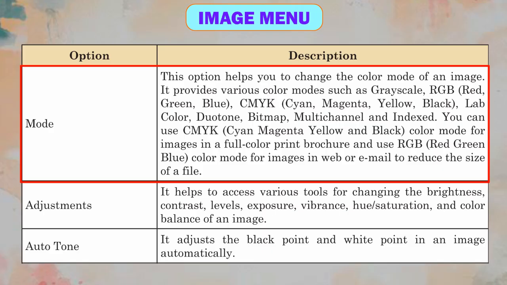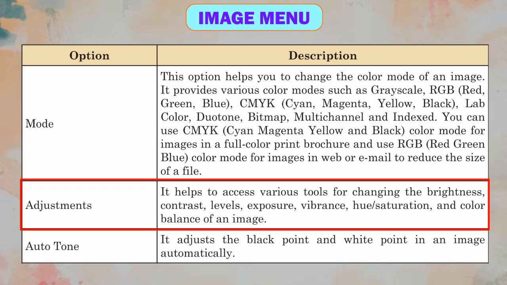You can use CMYK color mode for images in a full-color print brochure and use RGB color mode for images in web or email to reduce the size of a file.